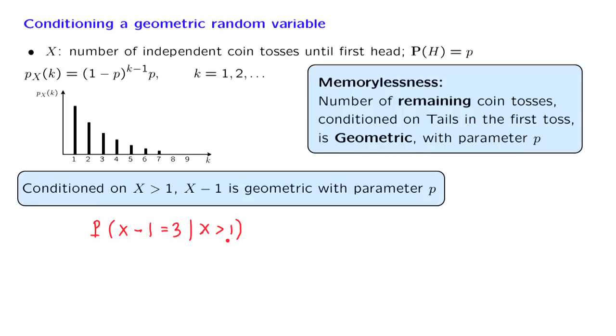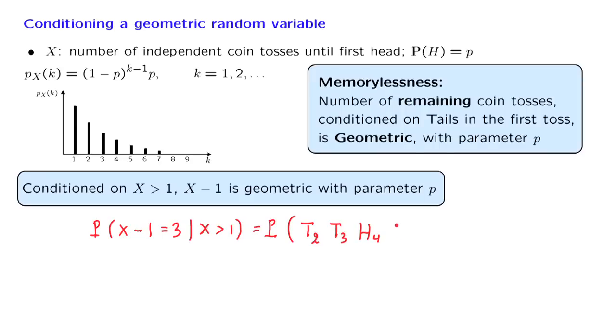Now, the first toss resulted in tails. This is the probability that you will need 3 more tosses until you observe heads. Needing 3 more tosses until you observe heads is the event that you had tails in the second toss, tails in the third toss, and heads in the fourth toss.